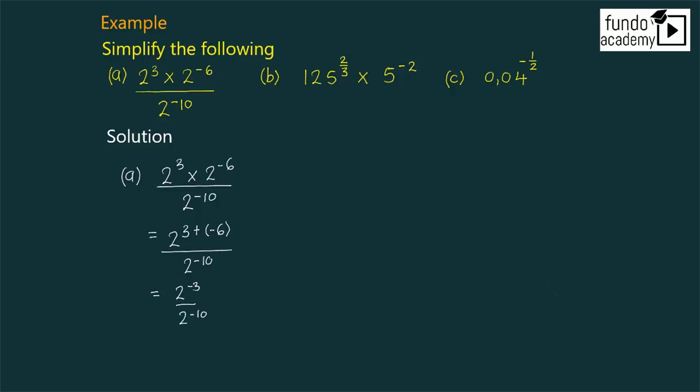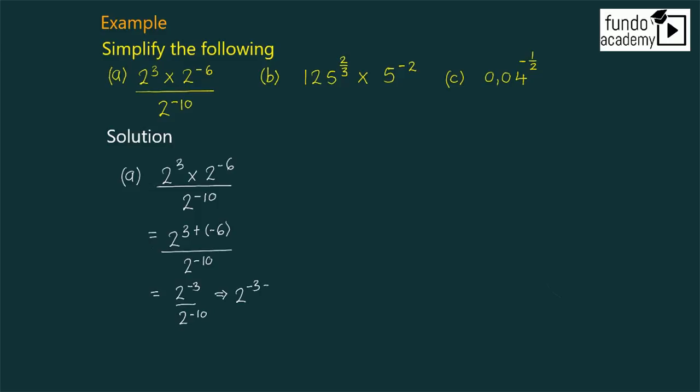Alright, so this will give us 2 to the power of, because now we are looking at a division, so we subtract the powers. Remember law number 2. I hope you have that law on your piece of paper and you can be looking at it right now. So we subtract the powers.